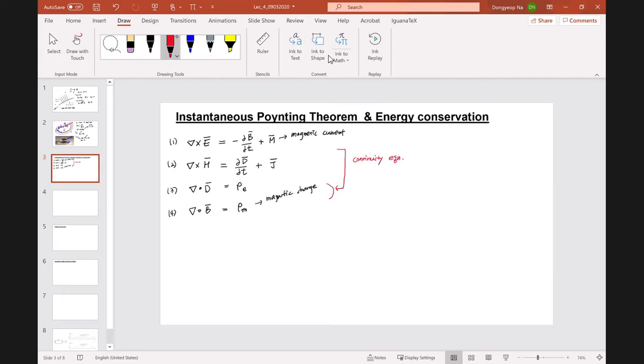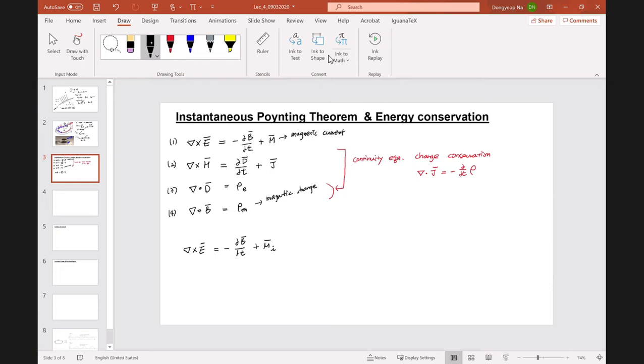The continuity equation describes charge conservation, taking the form like this. Okay, so I'm only going to deal with the first and second equations. Again, Faraday's law, but I'm going to write these 2 equations more explicitly.